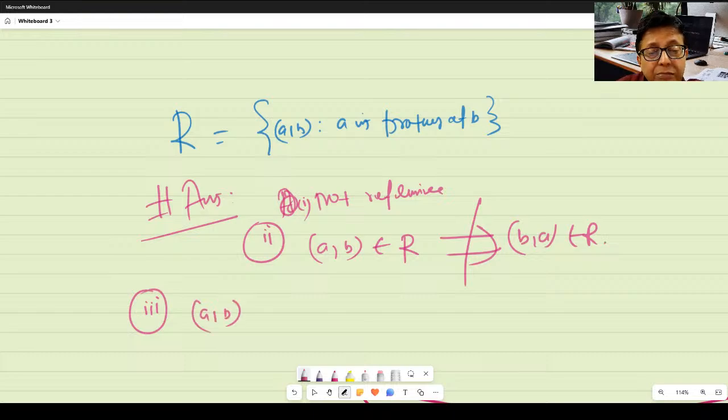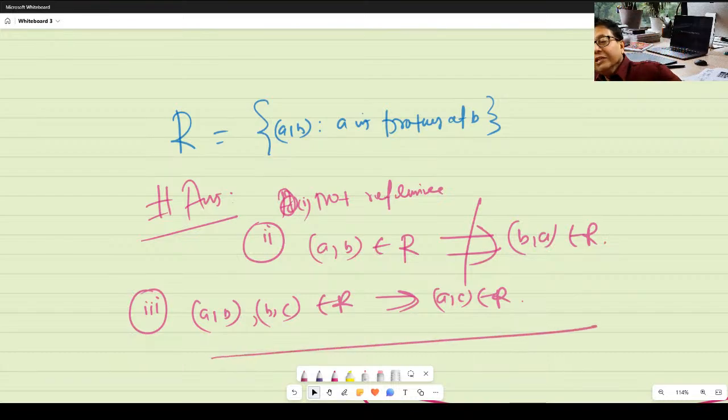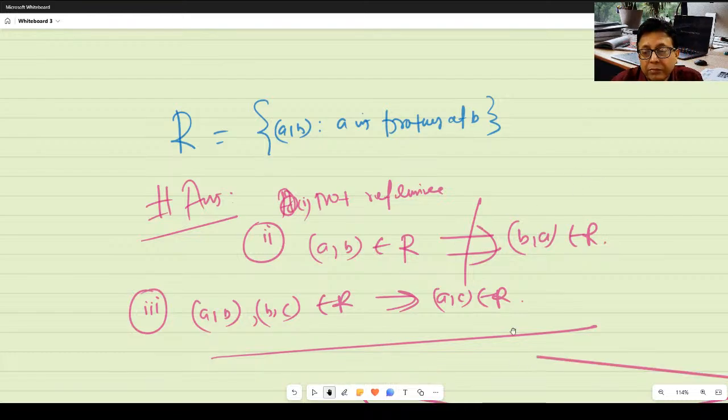(A, B), (B, C) belong to R will imply that (A, C) belongs to R. A is brother of B, B is brother of C, so A must be brother of C. Okay? This is reflexivity, symmetricity, transitivity. We have it.